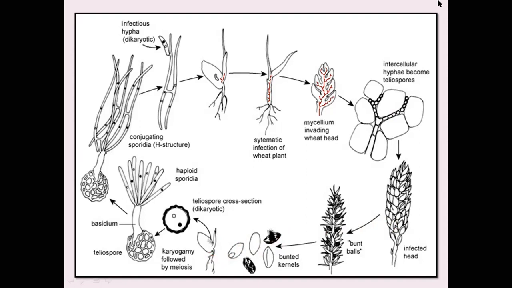These infected seeds or plant part debris in the soil, the teliospores become active and germinate under favorable conditions to produce haploid sporidia. The H-shaped haploid sporidia fuse with each other and directly infect healthy grains. This is the disease cycle of Neovossia indica.